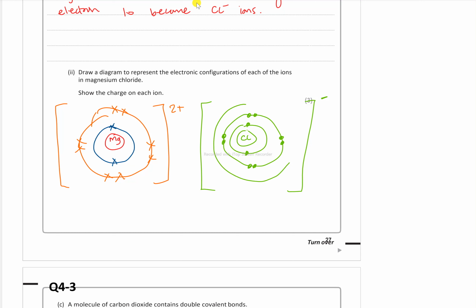It had 1, 2, 3, 4, 5, 6, 7. And the electron from the outer shell of magnesium is going to come up here. There you go. That's what you're going to have to do.